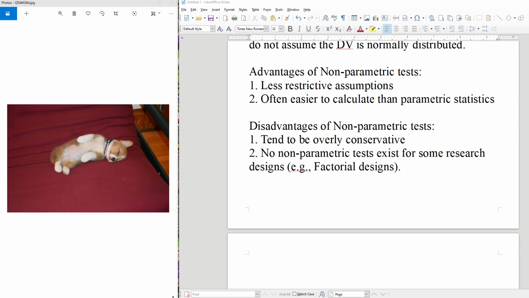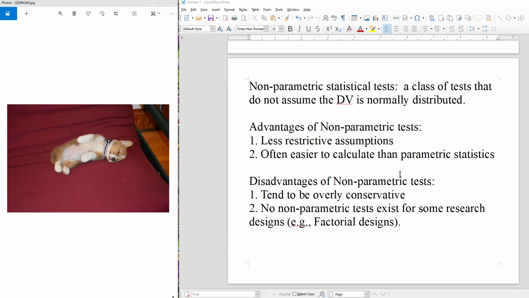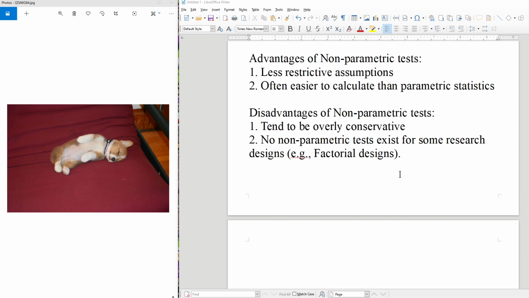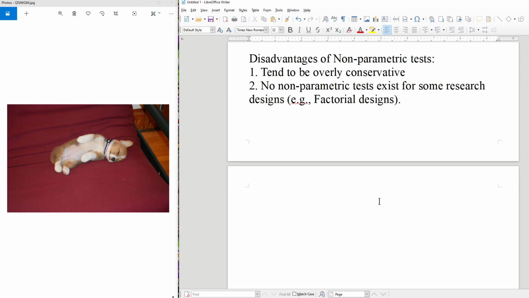And so I think that may be, above all, the reason why psychologists use them: usually they're doing factorial experiments, and if you're doing a factorial experiment, the parametric F test is the only one you really have at your disposal. Okay, so I think that's most of what you should know about this. Now, most psychologists do not use these tests, but you may have a psychologist that does.